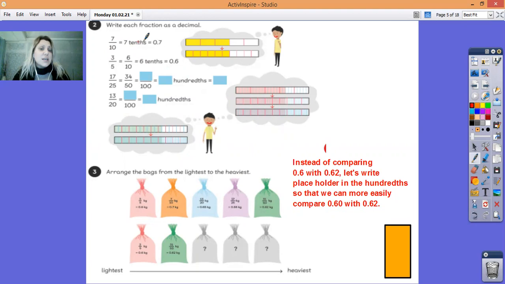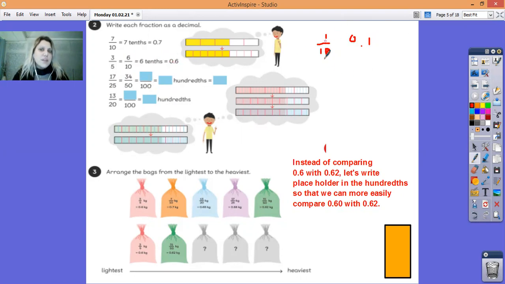So we know that 7 tenths will actually equal 0.7 because we know well enough that 1 over 10 will be 1 divided by 10, and that's 0.1. Really sorry, I'm so bad at writing with this 1 to 10. There you go. Now we have to look at the ones that are a bit trickier. So 3/5 can be easily transformed into 6 tenths, and that's easy peasy 0.6.